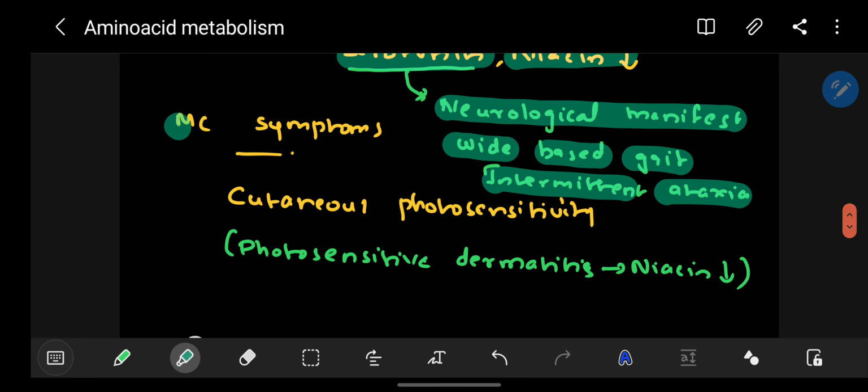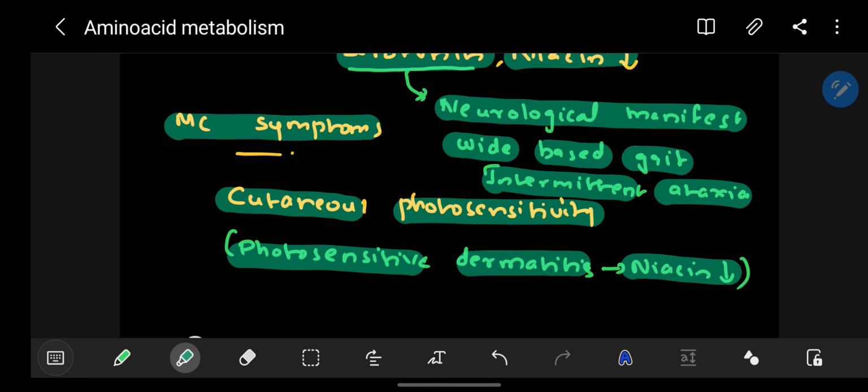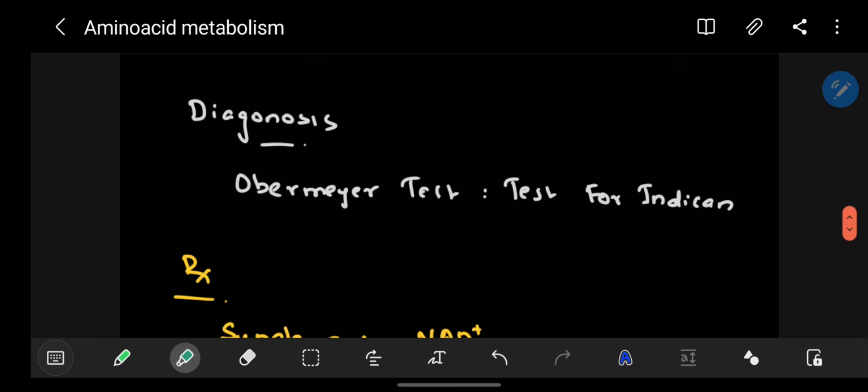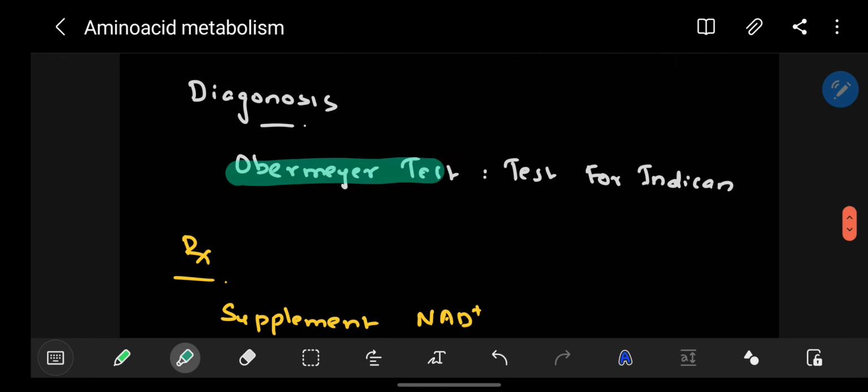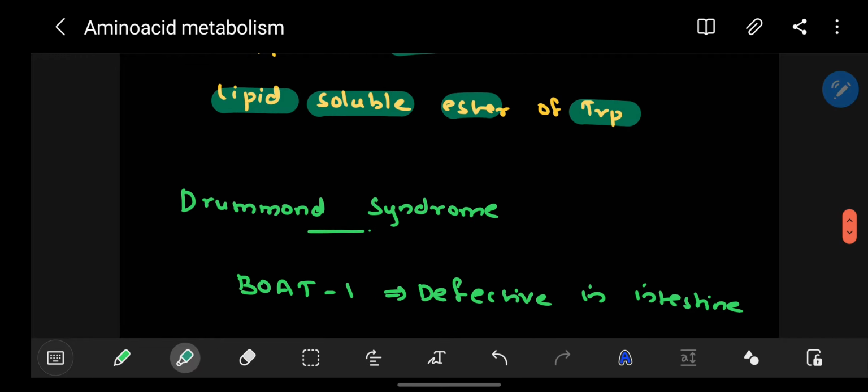The most common symptom is cutaneous photosensitivity, because as the niacin is decreased, there will be photosensitive dermatitis. The diagnosis is the Obermeyer test, which is a test for indican. For treatment, we have to give a supplement of NAD plus, and we can give lipid-soluble esters of tryptophan.